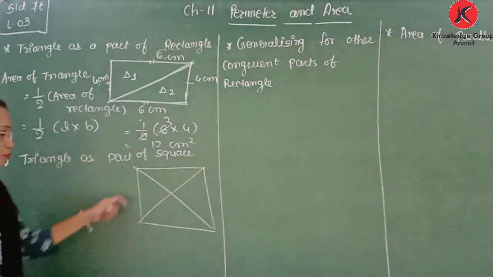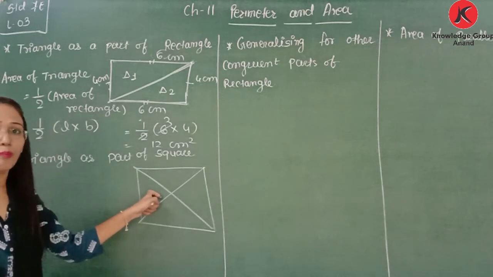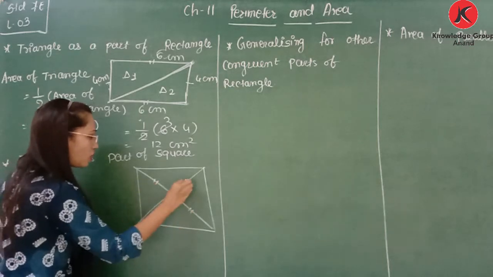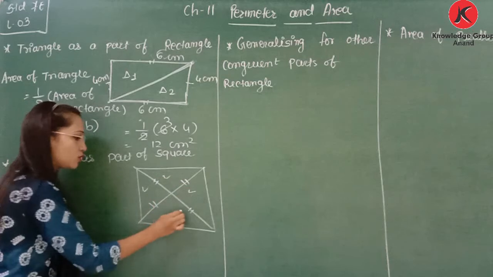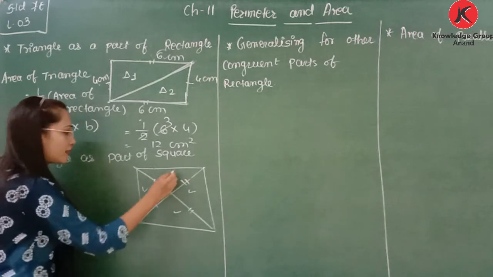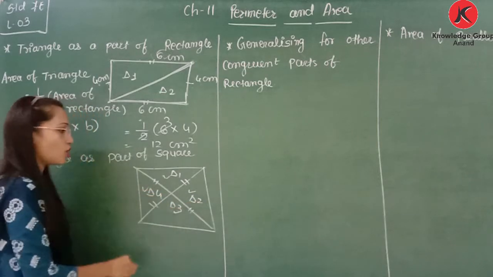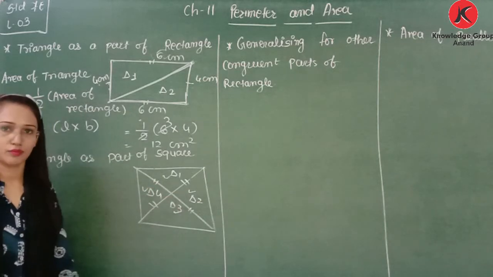Now we know the property of a square, the diagonals perpendicularly bisect each other. Means all parts are equal. It means area is also equal because all sides are equal for the triangles. So triangle 1, triangle 2, triangle 3 and triangle 4 are all congruent, means they are same because all sides are same.